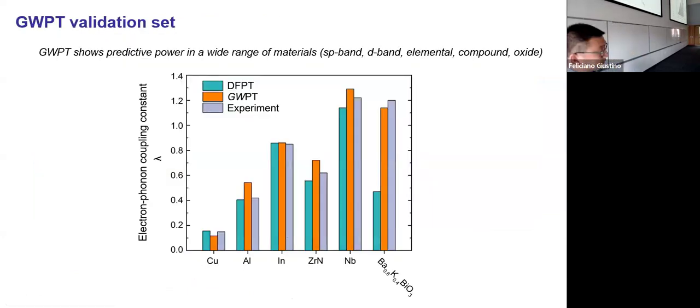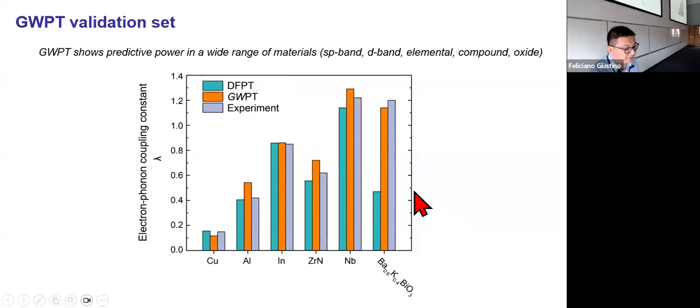Okay, so with the workflow established, we can now do calculations and see what we can get. This figure Professor Li showed yesterday: basically we have used GWPT to validate a set of materials, where in a lot of the simple metal cases, GWPT and DFPT both agree reasonably well with experiments.